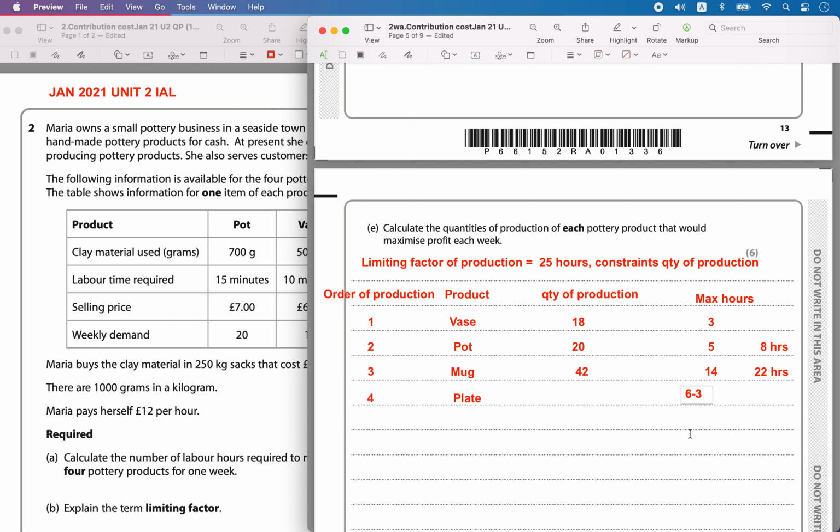Only 3 hours is possible. So in the remaining 3 hours, because it requires 6 hours to make the plate, I will write it here for the plate.